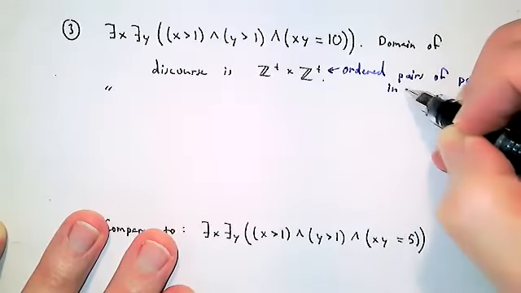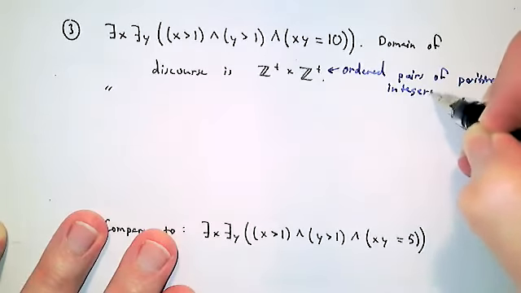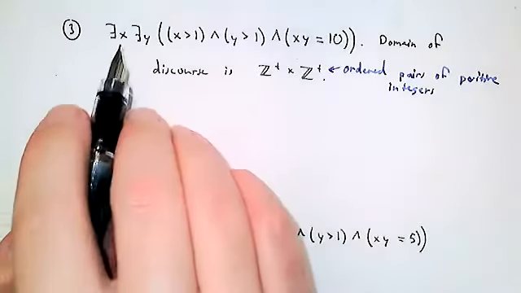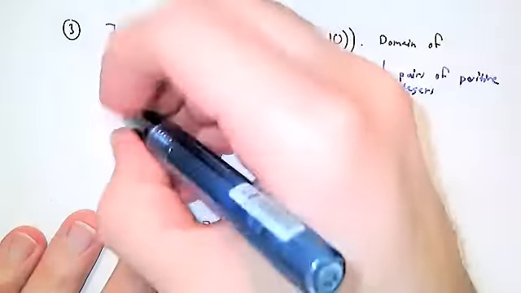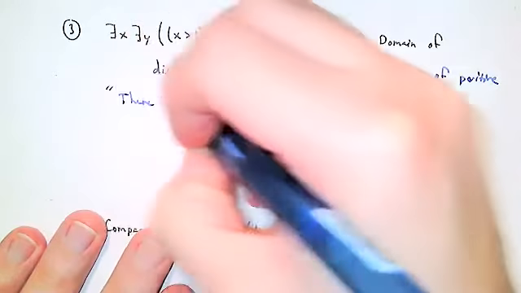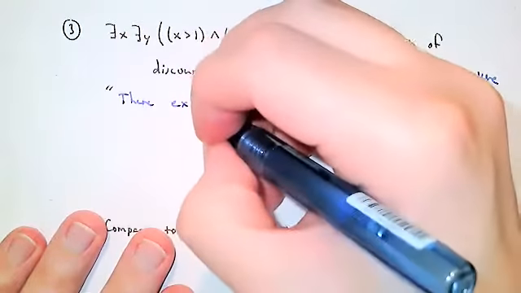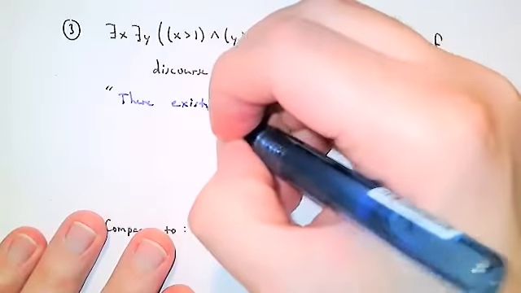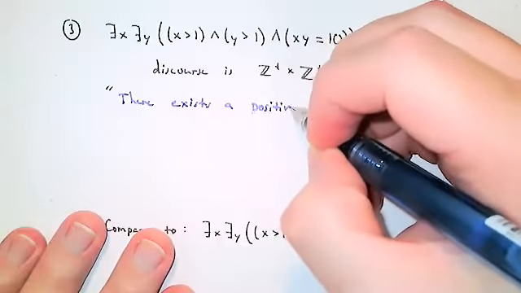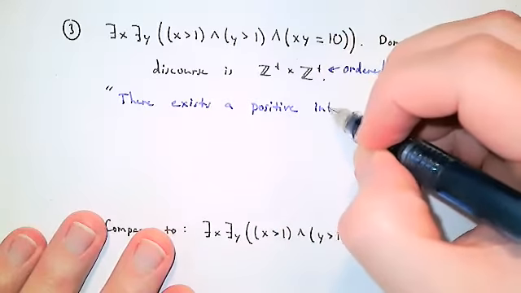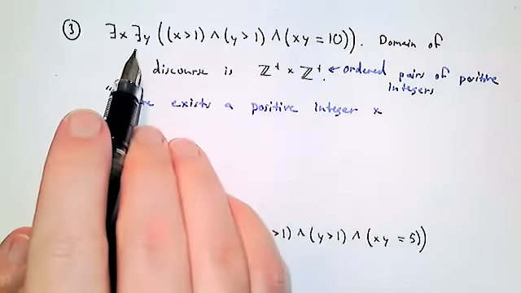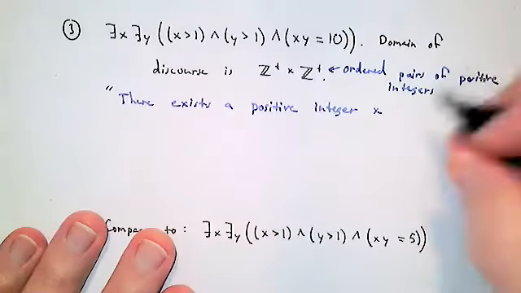So we should include that information in our translation: there exists a positive integer x and there exists a positive integer y.